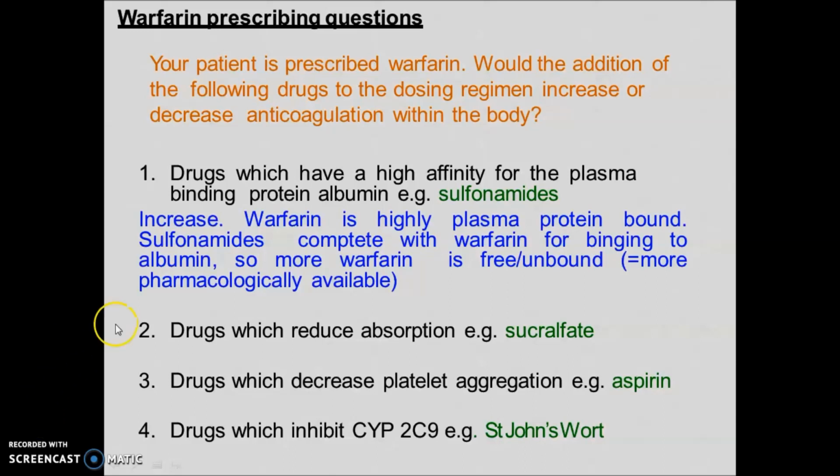Now imagine that you are giving a drug which has a high affinity for your plasma binding protein albumin. We talked about plasma binding protein in the last lecture. You can see that. Remember that warfarin also has a high plasma protein binding ability. And if you are giving drugs like sulfonamide which have the same thing, then what will happen?